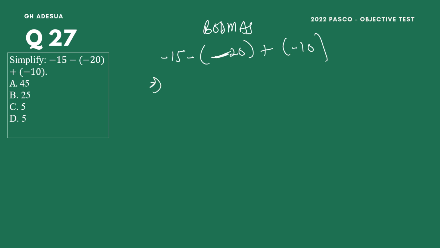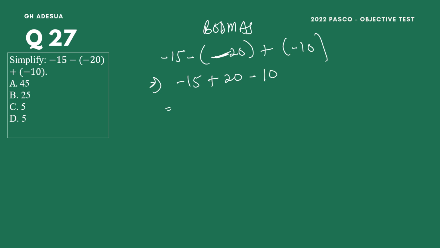So in here, we deal with the brackets first. Let's multiply this bracket: negative times negative gives positive, so we have negative 20. Then this positive also multiplies with the bracket, so negative times positive is negative, so we have negative 10.